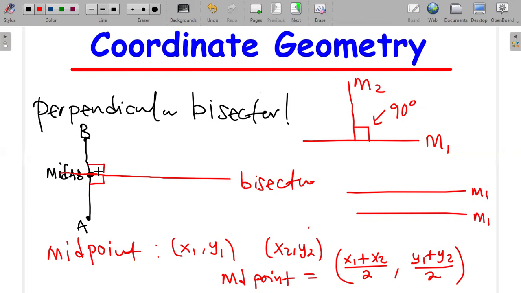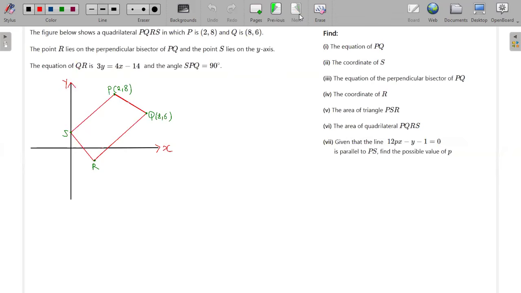With that knowledge, we can now move on and look at an example. It's a very simple example because it's from CAT 2 for 2024. Let's look at this one. If you have any questions, please ask.